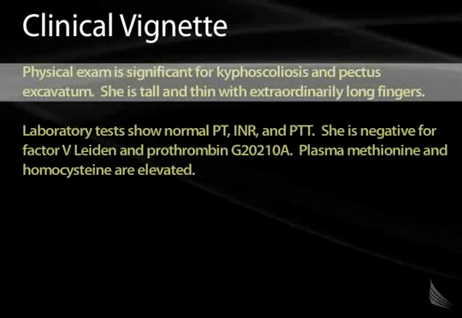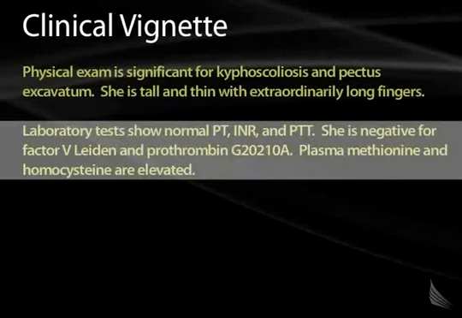Physical exam is significant for kyphoscoliosis, which is abnormal curvature of the spine, and pectus excavatum, which is a defect in the formation of the sternum. She's tall and thin and has extraordinarily long fingers. Laboratory tests are negative for anything that would indicate that she's hypercoagulable, that she has a tendency to form clots. But the plasma methionine and homocysteine are elevated.